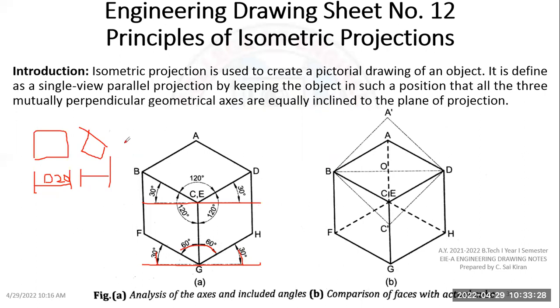And suppose you take an angle of 45 degrees, then you get the maximum distance, which is nothing but the true length. If you measure, this angle comes as 45 degrees.